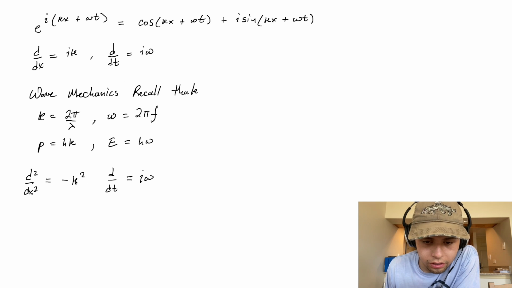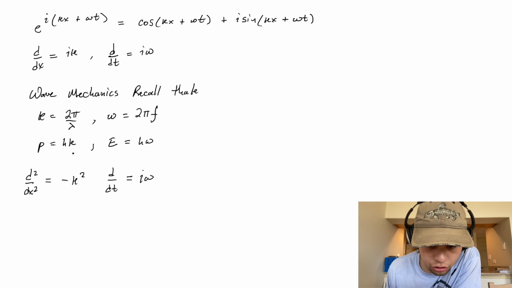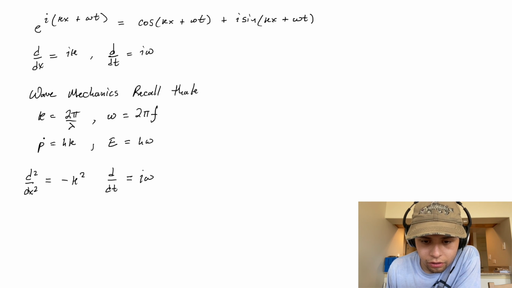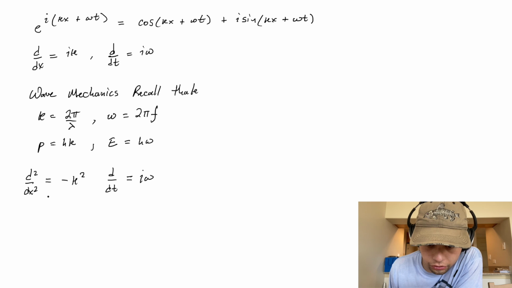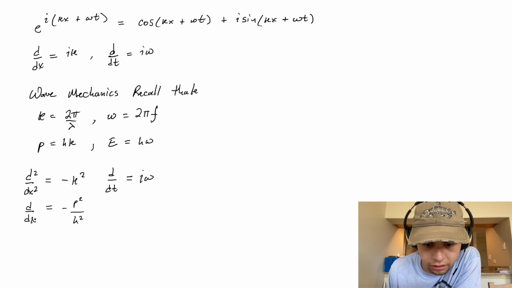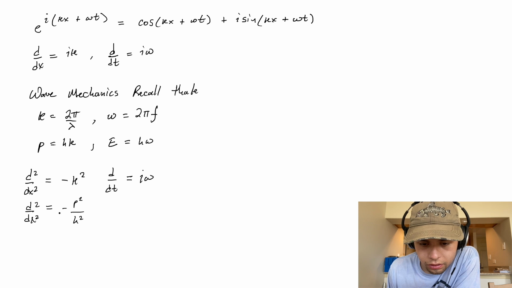So k squared is p squared over h bar squared. So that's negative p squared over h bar squared, so d squared dx squared is just negative p squared over h bar squared.